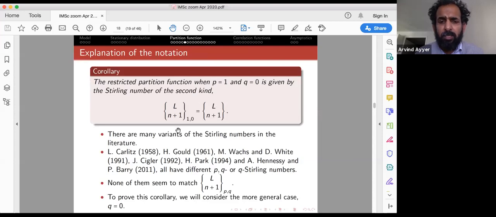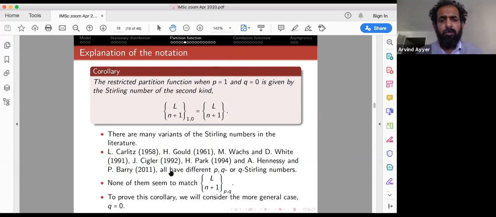I should also say that there have been many variants of the Stirling number studied over the years, starting with Carlitz, with parameters. In some cases, people like Wachs and White have also studied two-parameter variants, but this doesn't seem to be any of those. So this is new as far as I know.